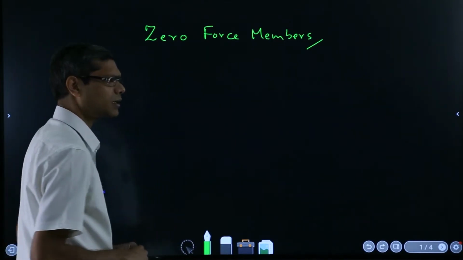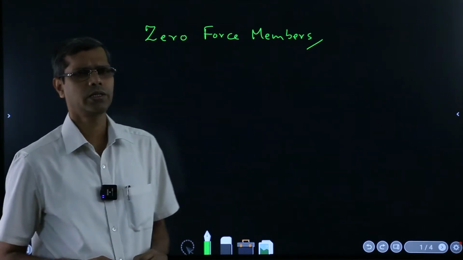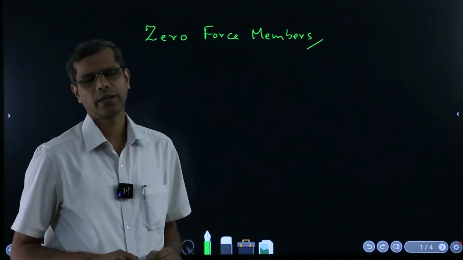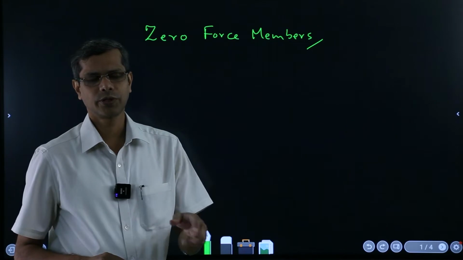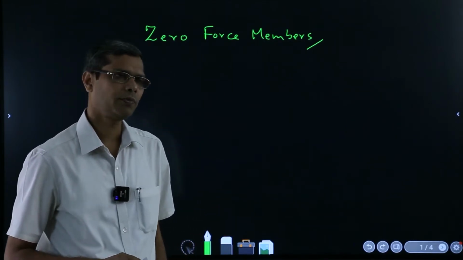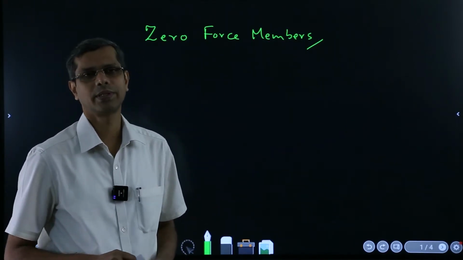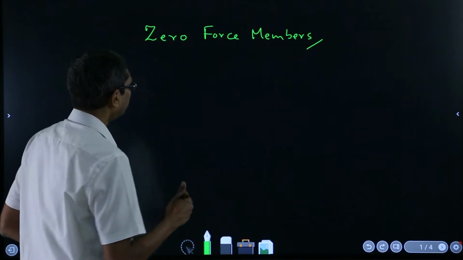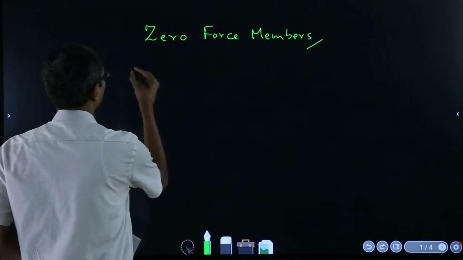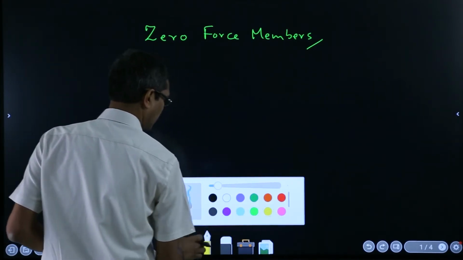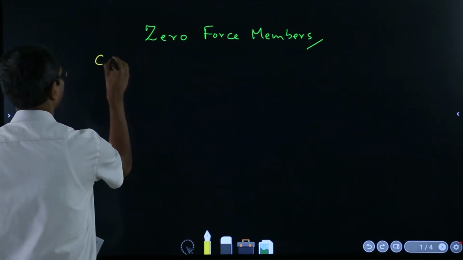Now there are two conditions basically when you can visually simply tell that the forces in the members are 0. Okay. One of them is like this. I'll say this is case 1.